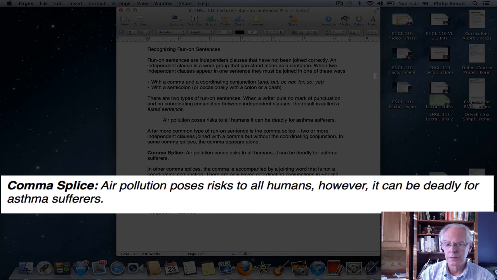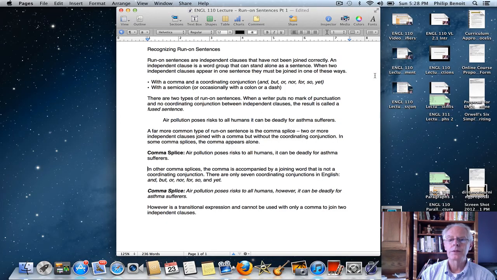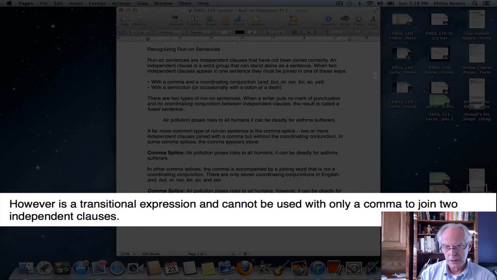And I see this kind of sentence all the time too. Air pollution poses risks to all humans, comma, however, comma, it can be deadly for asthma sufferers. Many people think that sounds just perfect and expresses what they're trying to say, but it is incorrect because however is a transitional expression, and it cannot be used with only a comma to join two independent clauses.